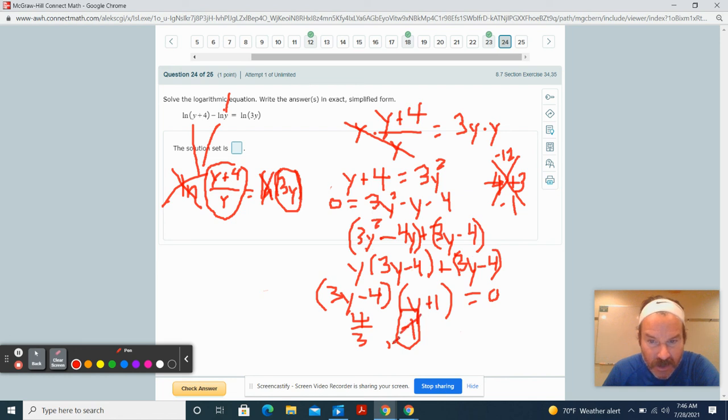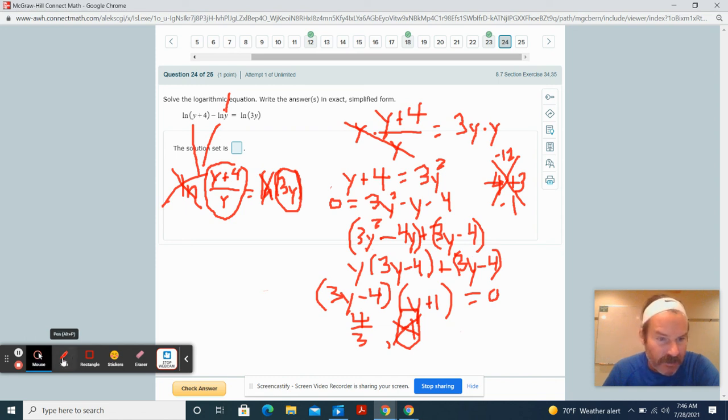So we're not going to choose negative 1. 4/3 is our only answer. So we pop in 4/3 right there. Okay? Exact simplest form would be 4/3.